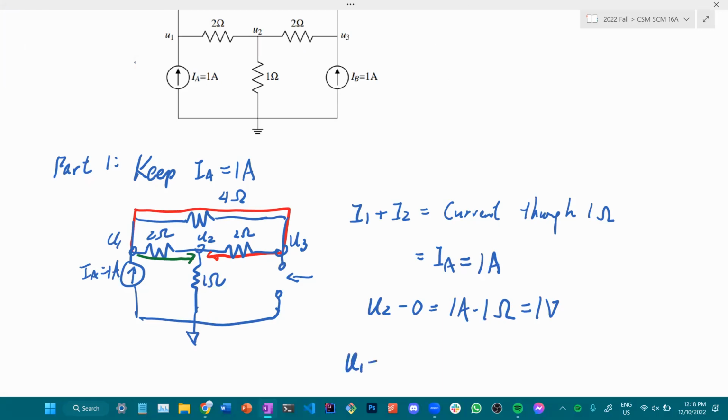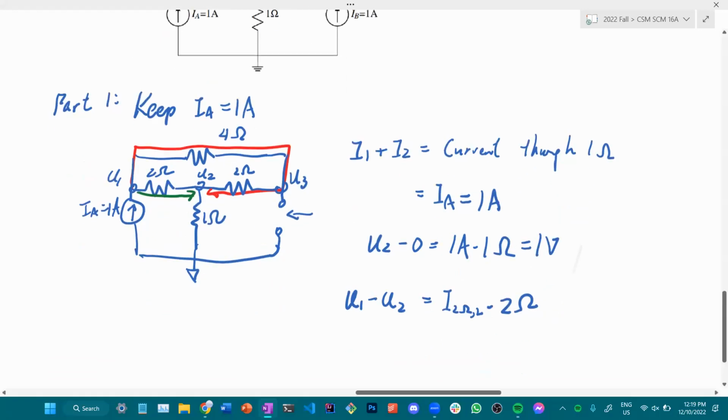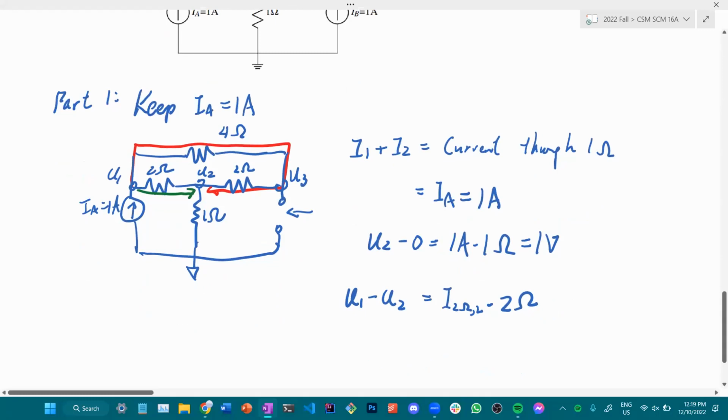We know that U1 minus U2 is equal to the amount of current that flows through the 2 ohm resistor here times 2 ohm. Let's note this as I2 ohm left, so that we know it's the left resistor.